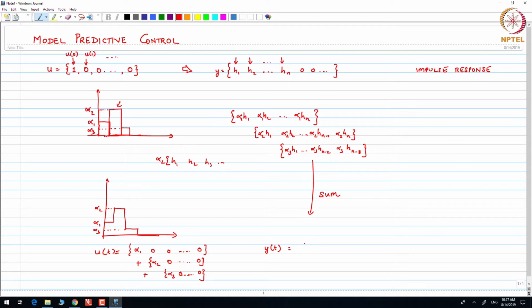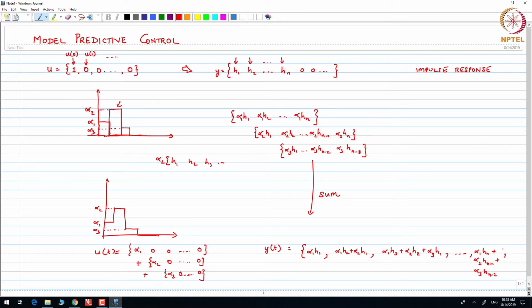So, y t is going to be alpha 1 h 1, alpha 1 h 2 plus alpha 2 h 1, alpha 1 h 3 plus alpha 2 h 2 plus alpha 3 h 1 and so on, alpha 1 h n plus alpha 2 h n minus 1 plus alpha 3 h n minus 2.